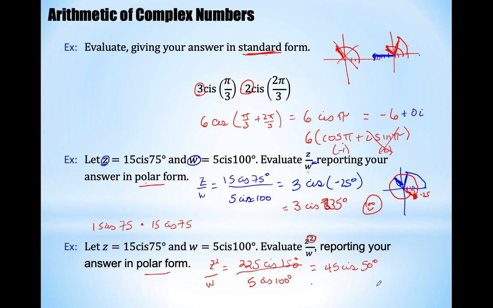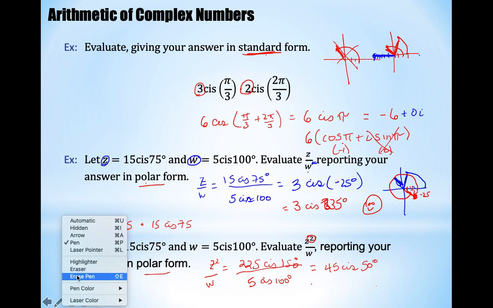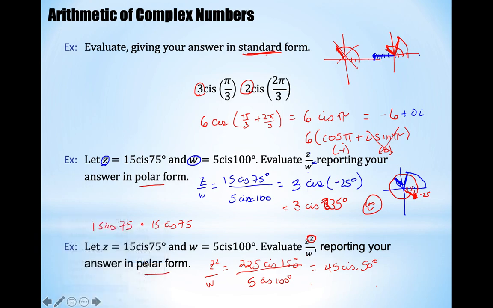Cool. Now, I do want you to recognize something that happened here. We squared 15, and we said 75 plus 75, but isn't that 2 times 75 degrees?